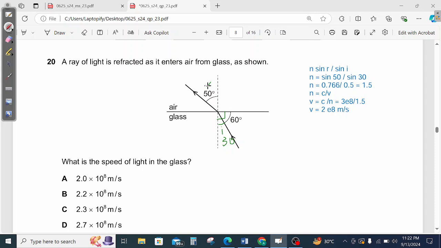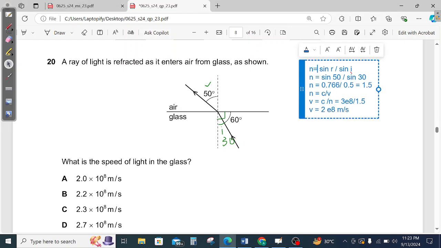Okay, remember one thing: when light is entering from glass to the air, then you have to use n is equal to sine of r divided by sine of i, where n is the refractive index.